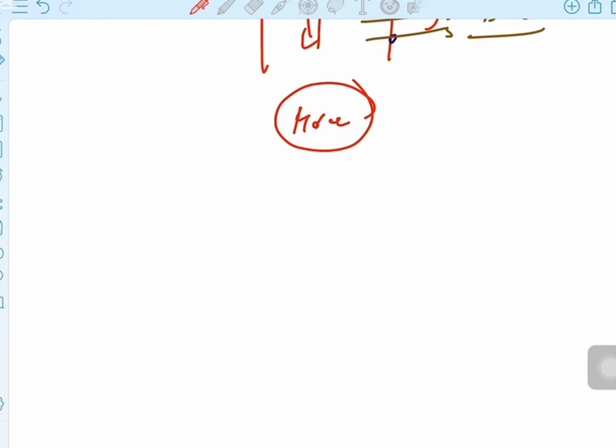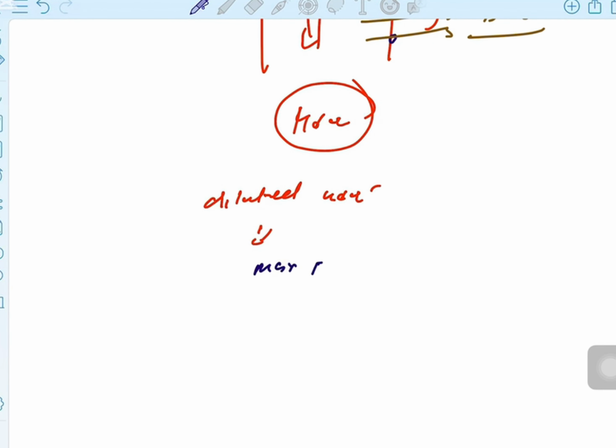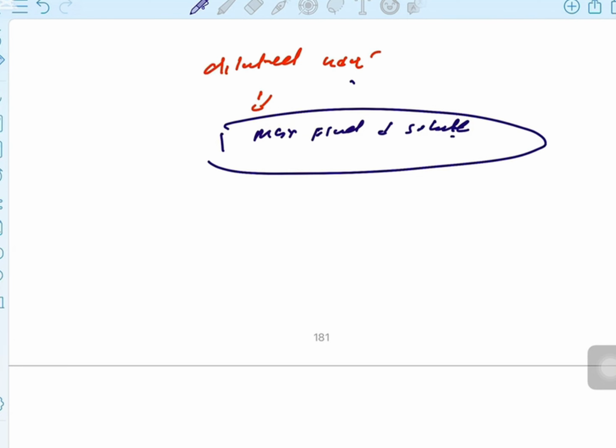So we will say diluted urine, meaning that the urine has the maximum amount of fluid and a low amount of solute. Now guys, you tell me, if any solution has the maximum of fluid and low solute, what is the name of this solution? It is a hypotonic solution.